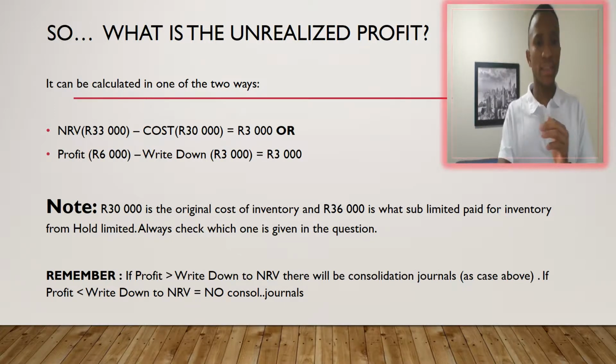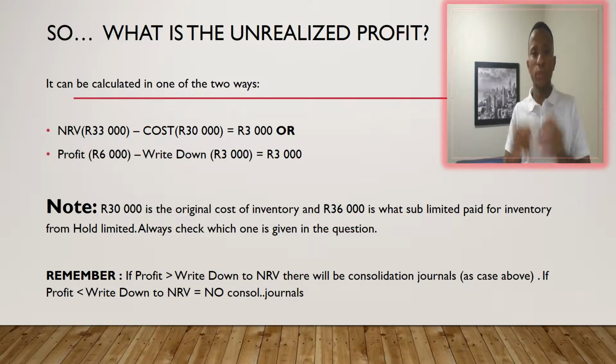And then lastly, what is the unrealized profit? Well, it can be calculated in one of two ways. You can either take the net realizable value of 33,000 less the original cost of 30,000 to get the 3,000 as the unrealized profit, or you can use that profit of 6,000 less the write down of 3,000 to get 3,000 as the unrealized profit.